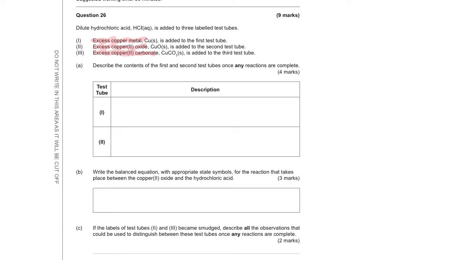All right, so let's have a think about what will actually happen. I'm not going to answer the questions yet. Let's just think about what will actually happen. So the copper metal with the hydrochloric acid. Will this react? Okay, so remember, the acid reaction with metals is a redox reaction, not an acid-base reaction.